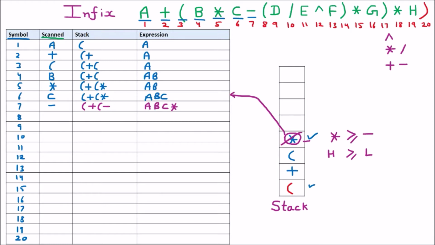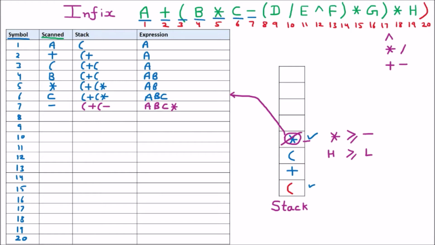But in the reverse case, if a low precedence operator is already present, just like minus, and a high precedence operator comes, just like star, then both will remain the same. That is not a problem. So if low is present and high is coming, no problem. But if high or equal is there and low is coming, then the high or equal will go out. So that is the funda of adding operators onto the stack.